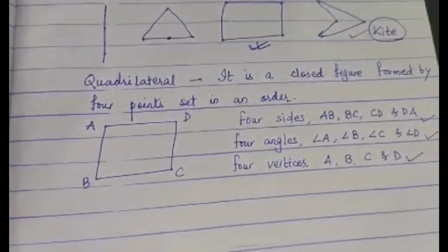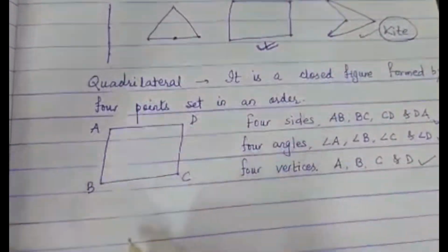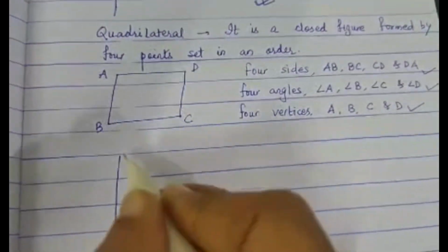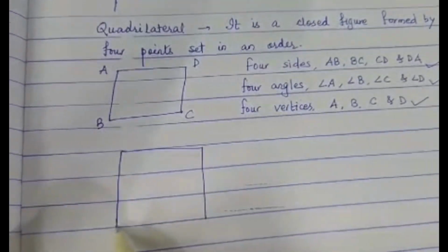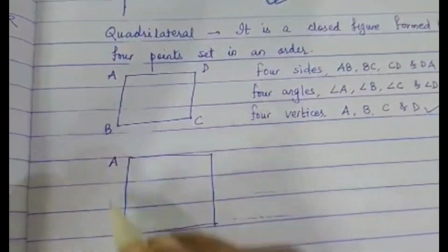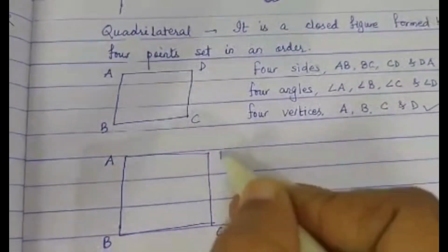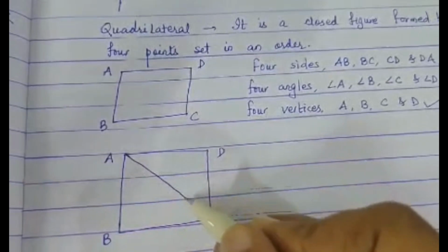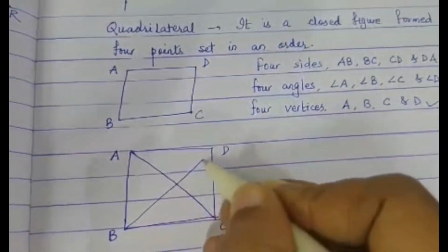Let us say this is quadrilateral ABCD. When you join the opposite vertices, you get the diagonals.